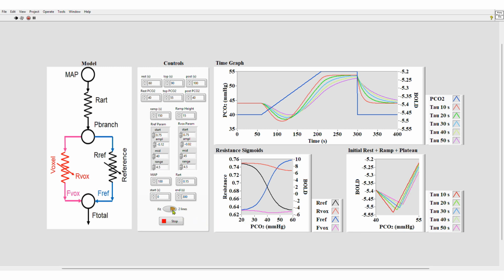A fit of two lines with an inflection point PCO2 can be used, and this shows a type D response. Now, with all four resistance sigmoid parameters as variables, it is easy to understand that a multitude of BOLD responses to PCO2 are generated.